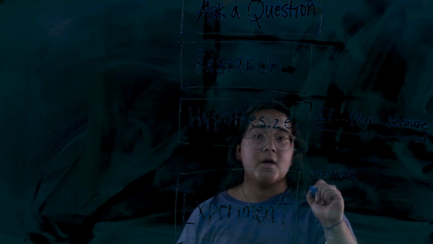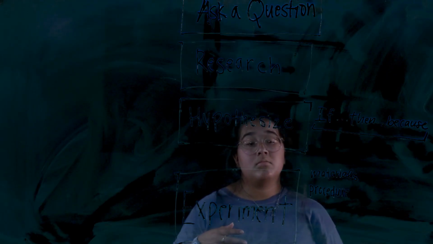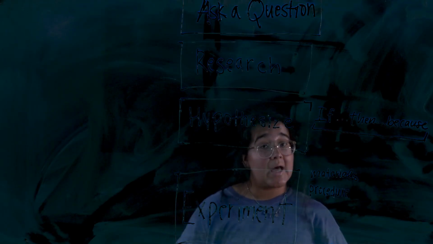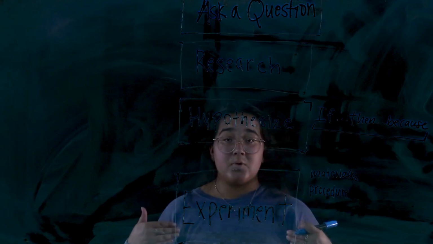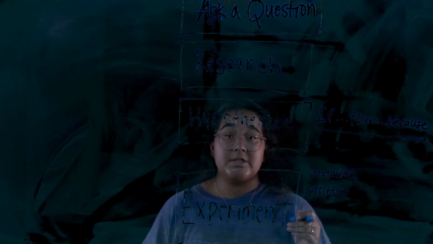We're also going to write our procedure if it's an experiment that you're designing yourself, or if you find a procedure, like when we're doing a lab in class, you will follow my procedure. But for your science fair project, you will be developing your own procedure.